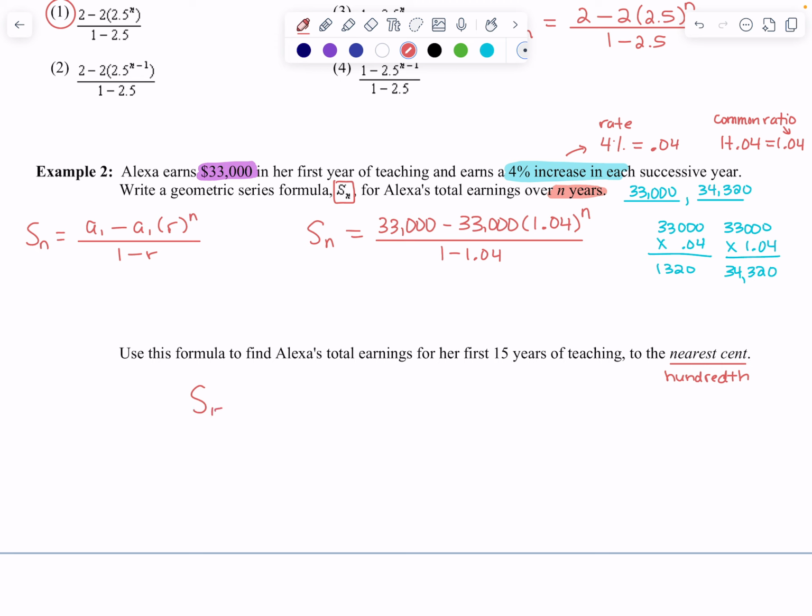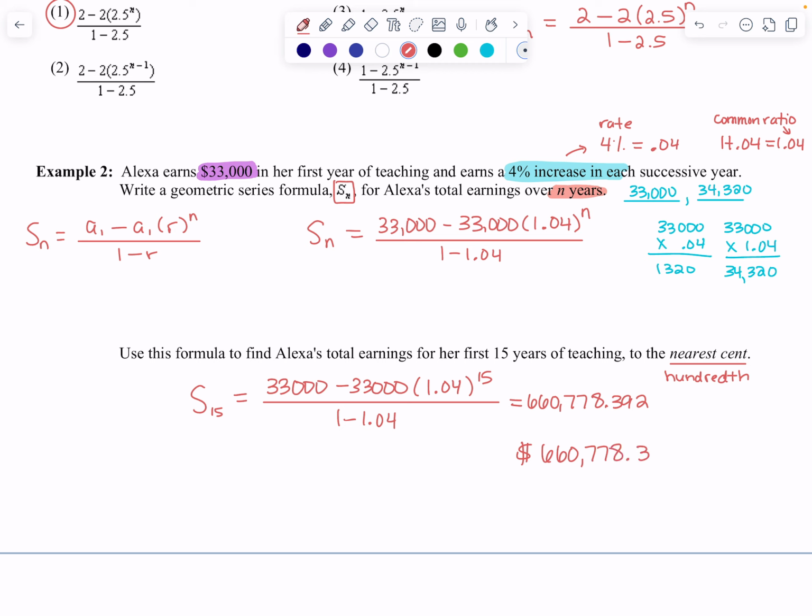So S sub 15 equals 33,000 minus 33,000 times 1.04 to the 15 over 1 minus 1.04. Okay, so if we plug into that formula, you should get 660,778.392, and then just make sure you round to the nearest cent.